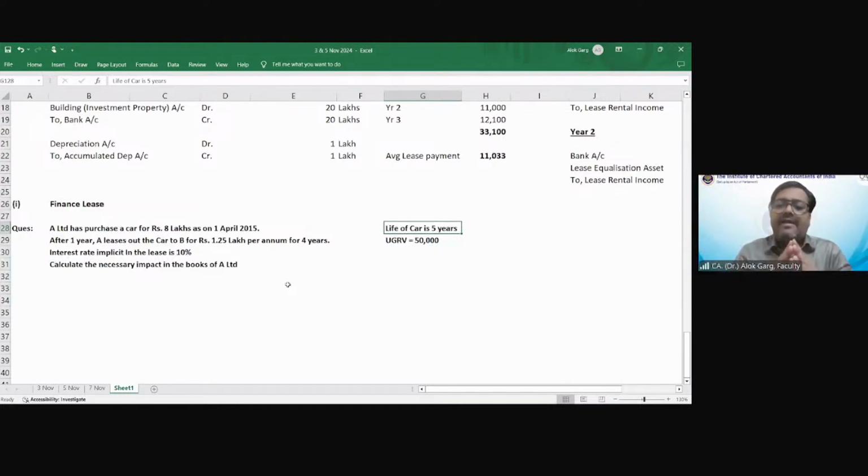And unguaranteed residual value is also given in this question, which is 50,000 rupees. What is this unguaranteed residual value? End of the life of the car, he will be receiving 50,000. Scrap value, residual value, right?